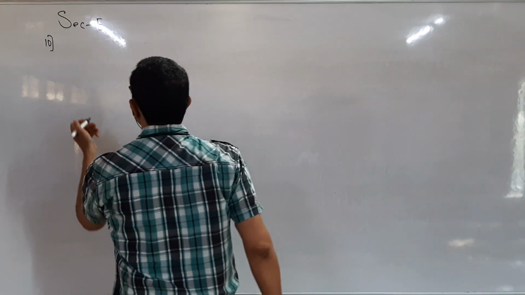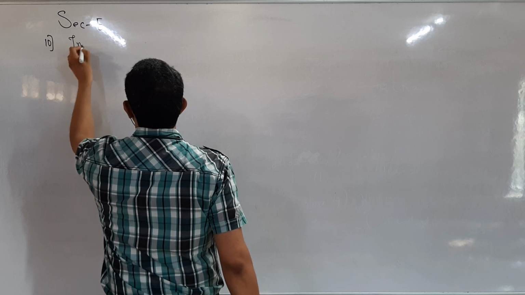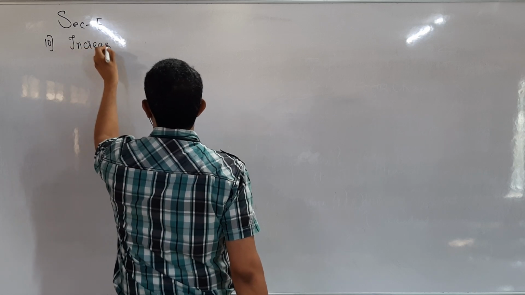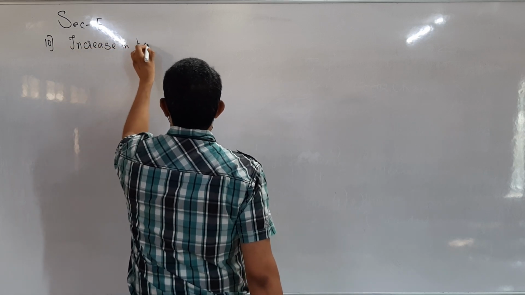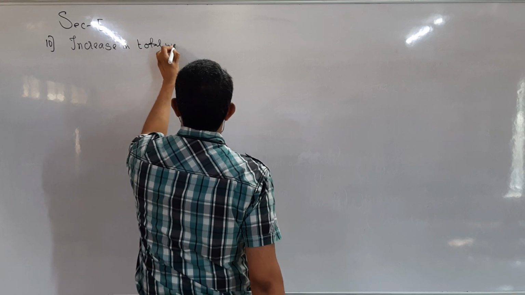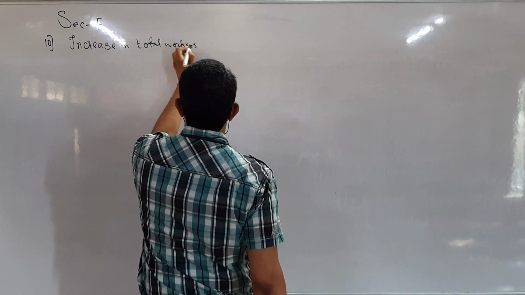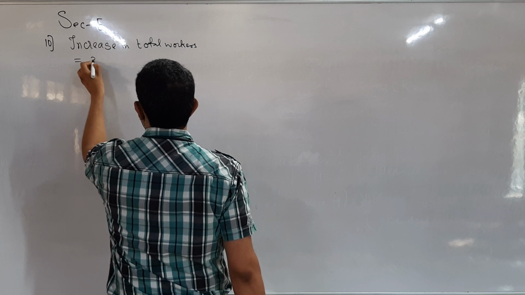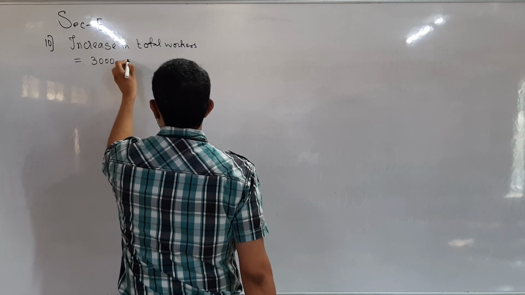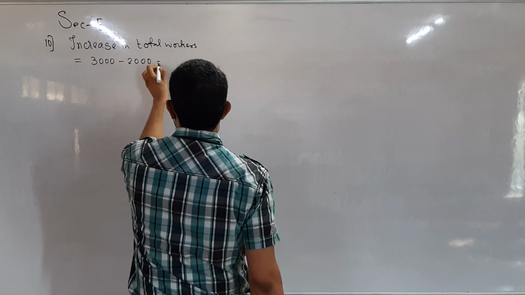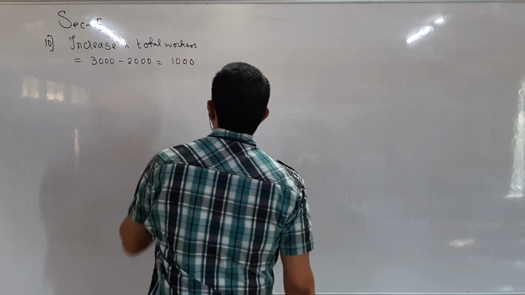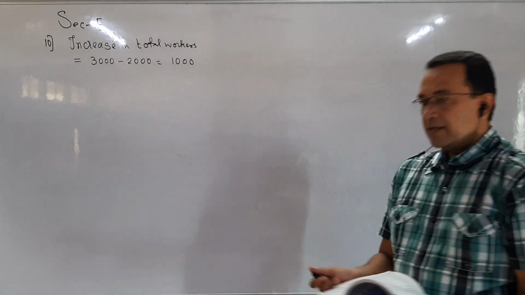So what should I write? Increase in total workers is equal to 3000 minus 2000, and that is 1000.